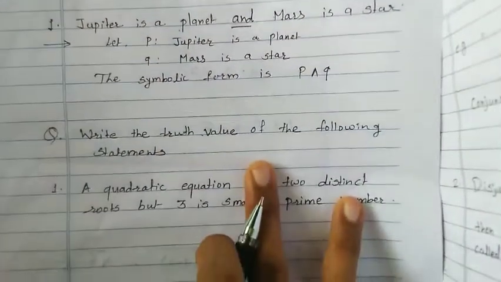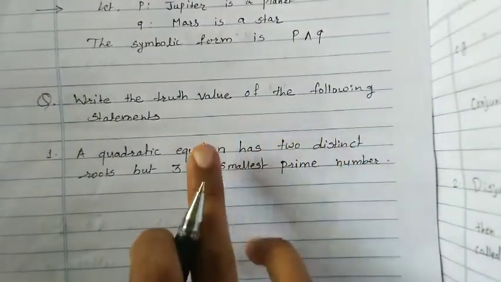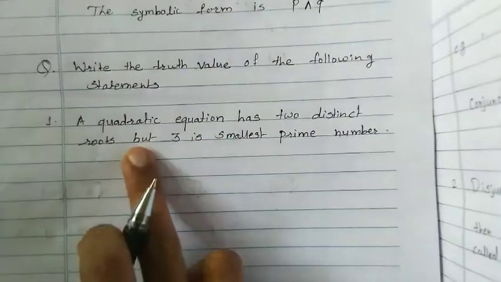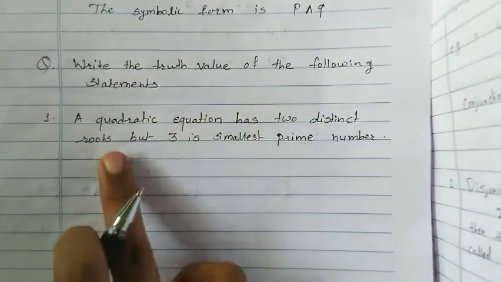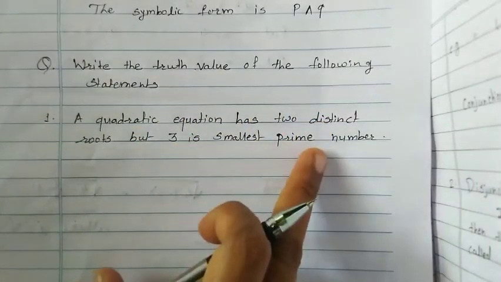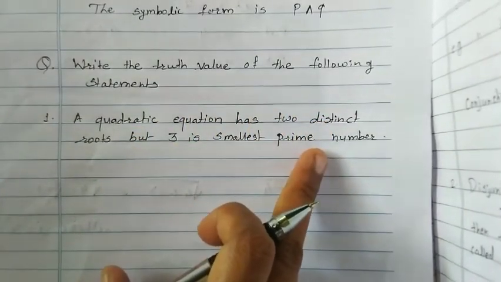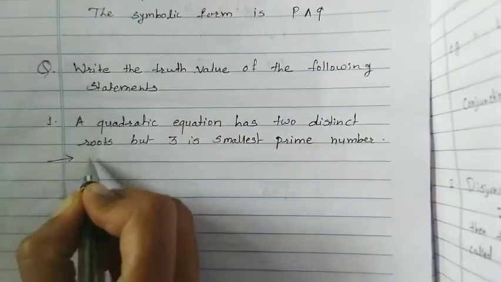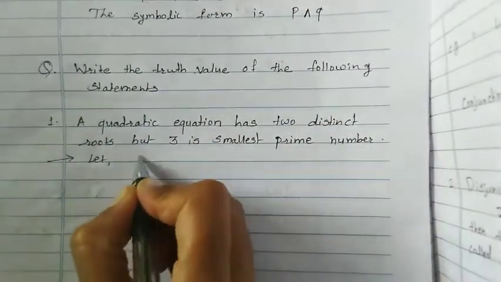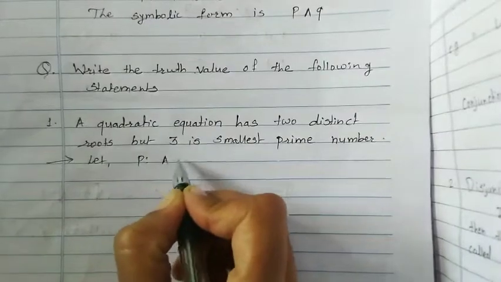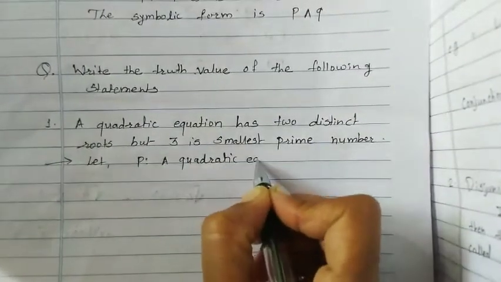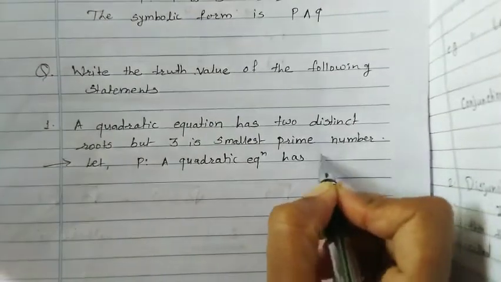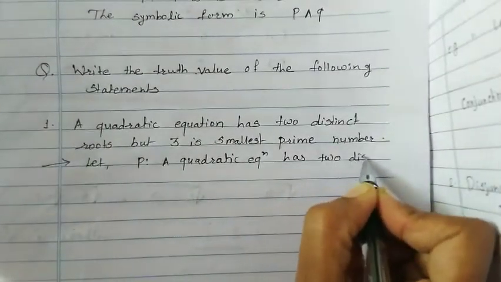Now the next question. Write the truth value of the following statement. See the example. A quadratic equation has two distinct roots but 3 is the smallest prime number. So first we separate these two statements. Statement P, a quadratic equation has two distinct roots.